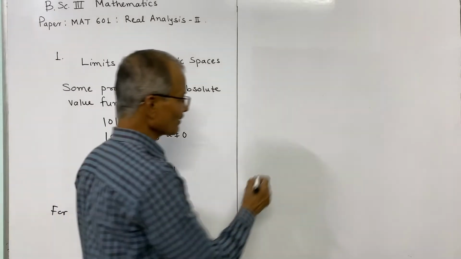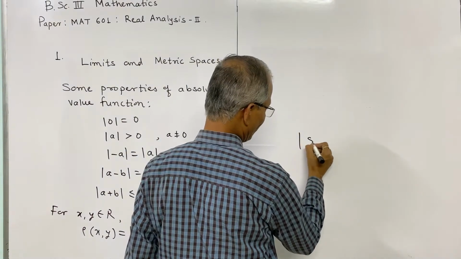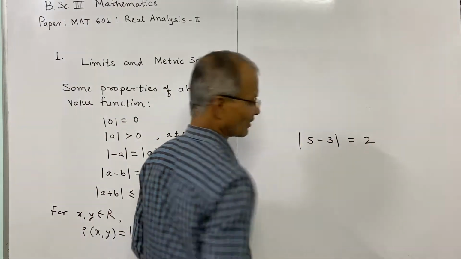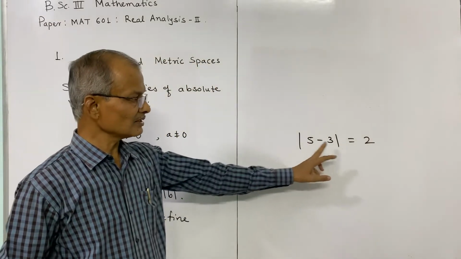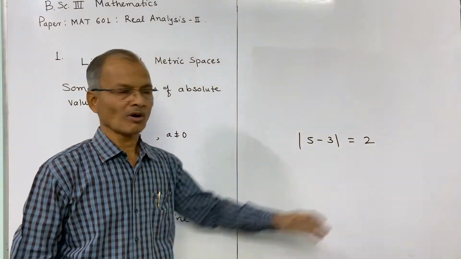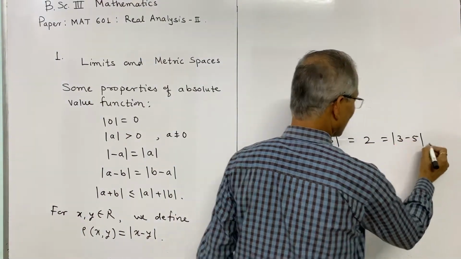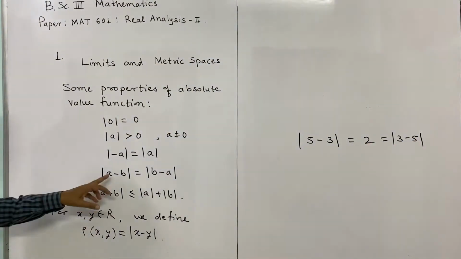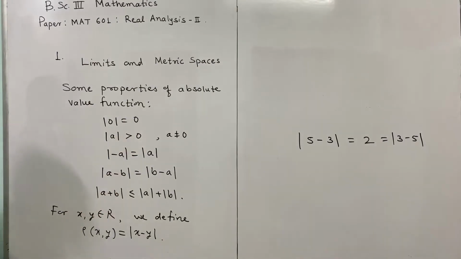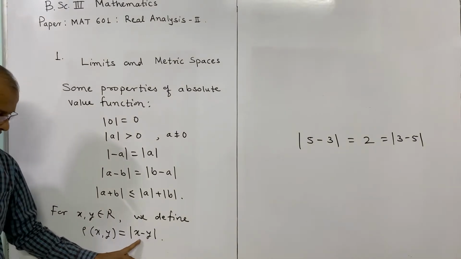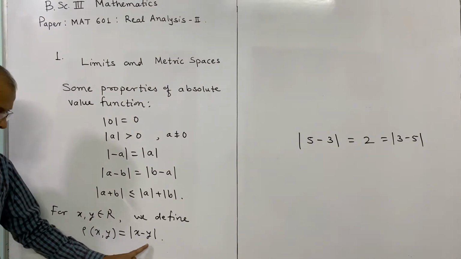Because if you consider the absolute value of 5 minus 3, then it is 2. And this means the distance between 5 and 3 is 2, or that is the same as the distance between 3 and 5. So the geometrical meaning of the absolute value of x minus y is the distance between x and y.